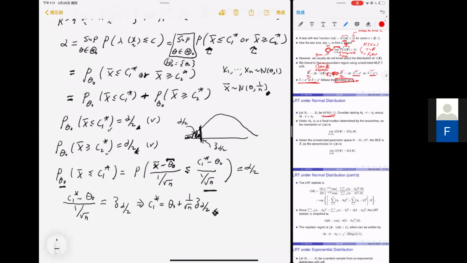Likewise, you can find C2 star because you have the probability under theta 0 of X bar bigger than C2 star.